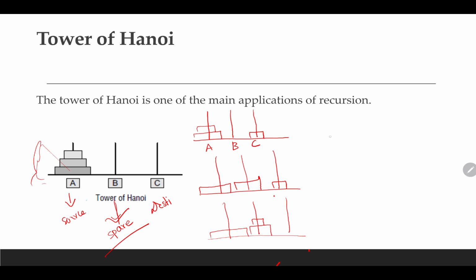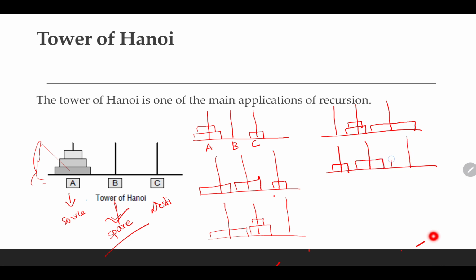Then the next step, the biggest ring is placed in pole C, and the smaller and medium are in pole B. In the next step, the smallest ring is placed in pole A, the medium is in pole B and the biggest is in pole C.